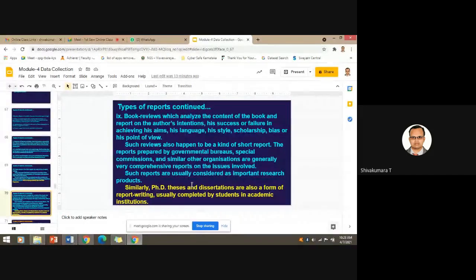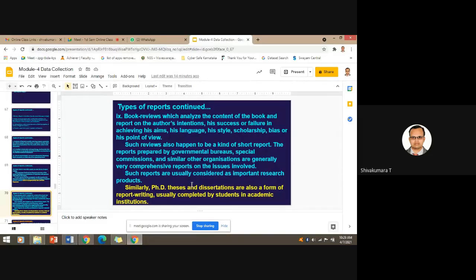So the success rate or failure rate of the book depends on the aim of the author, the language which he has used, his way of representing the content in his style, and any biases or point of view. Such reviews also happen to be a kind of short report. Even book reviews are a kind of short report.